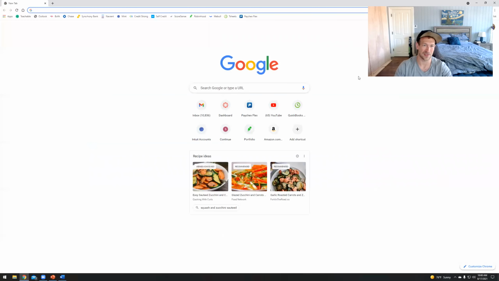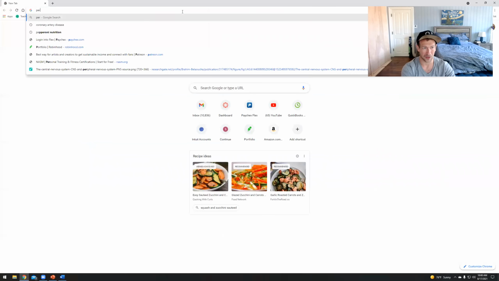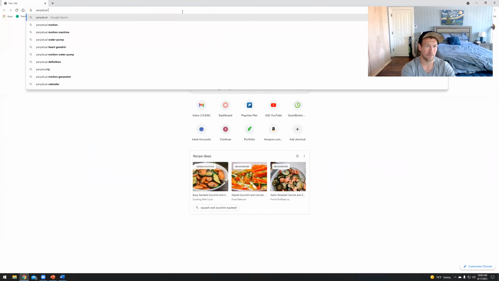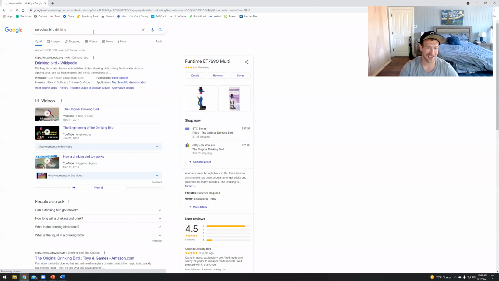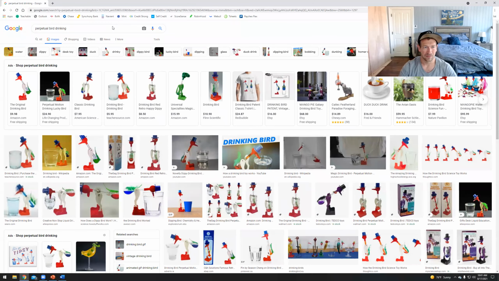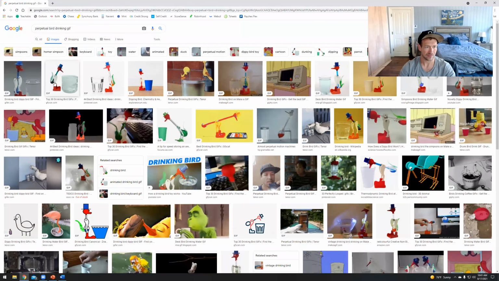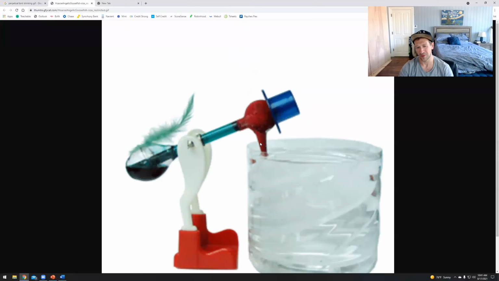Do you remember that episode of The Simpsons? From like the 2nd season. A perpetual bird drinking. You ever see these? My dad had one of these on his desk. And what it would do is there's a little fluid in here, and that fluid would move to one side.